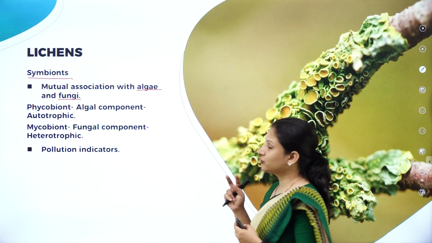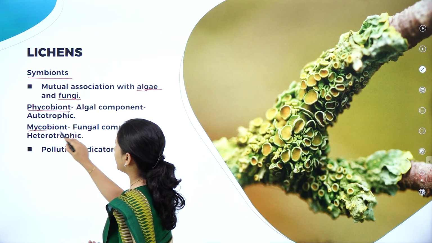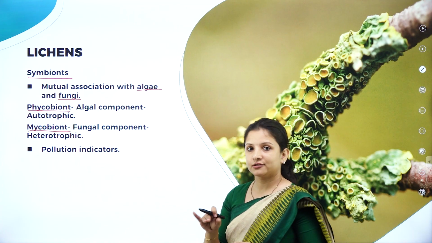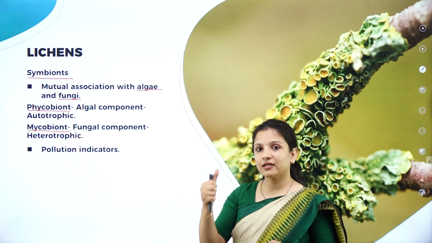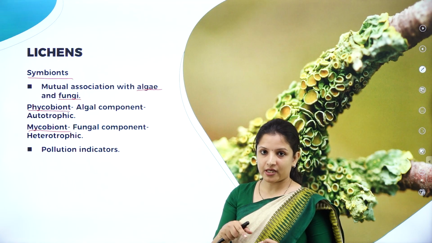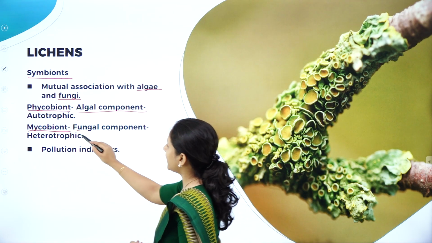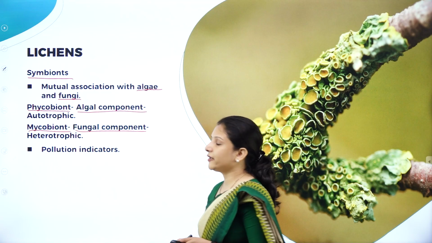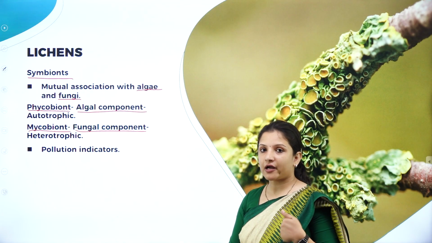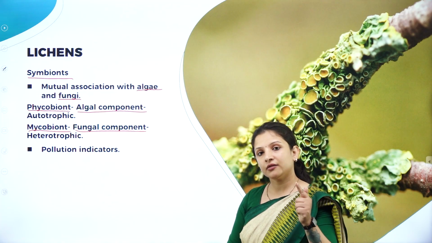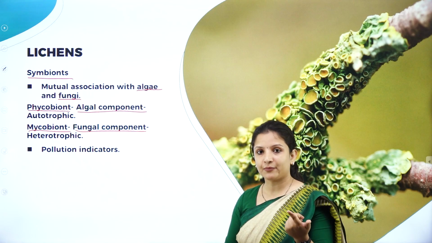So they have two components, called phycobiont and mycobiont. I told you, wherever lichen is there, you can find both algae and fungi. If you find algae, it is called the phycobiont. And if you find fungi, it is called the mycobiont. So algae are autotrophic in nature. They manufacture their own food and in turn they give the food to fungi, because fungi are heterotrophic, saprophytic, right?